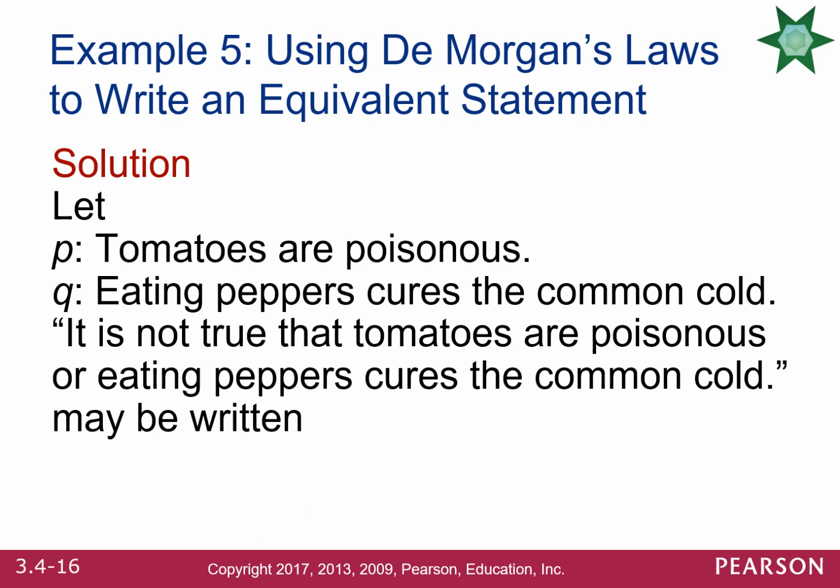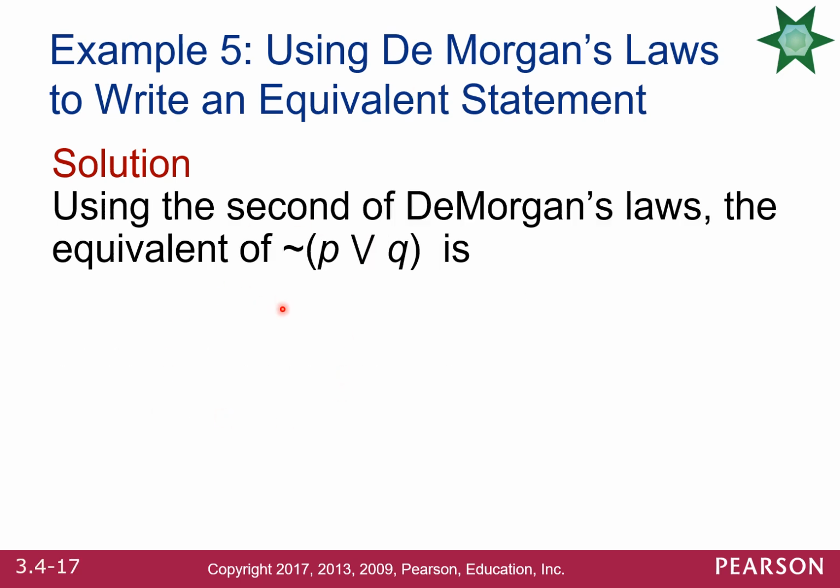And that may be written as not, and then within brackets, P or Q, which was exactly what we got in the previous slide. So now let's see how De Morgan's law is applied to come up with an equivalent statement. When we apply De Morgan's laws, this is what we get.